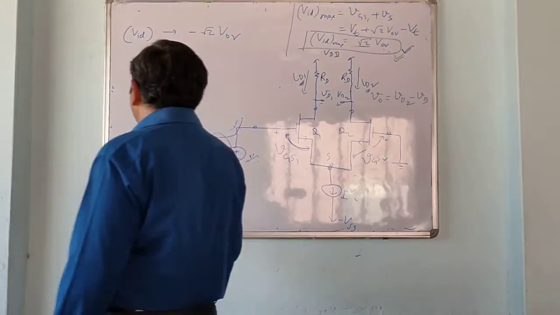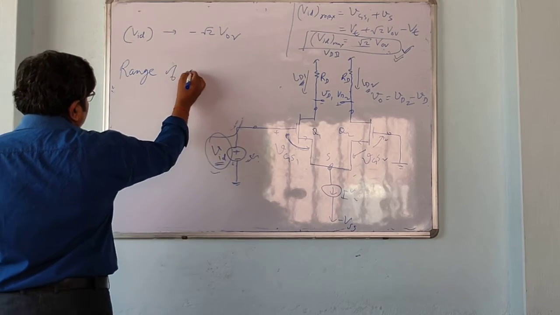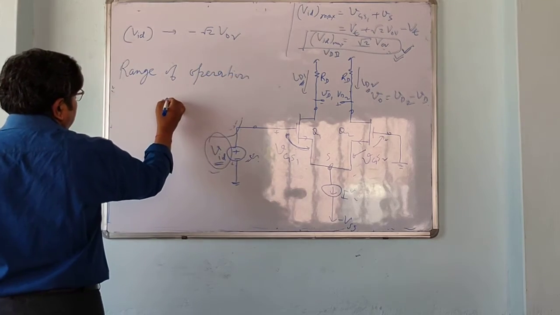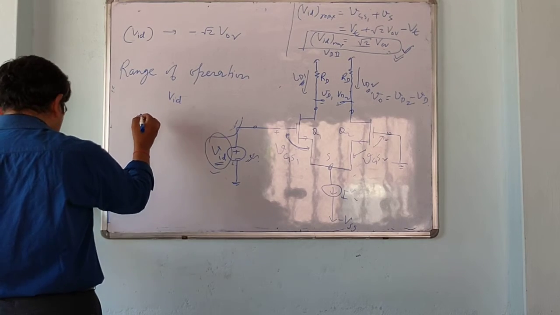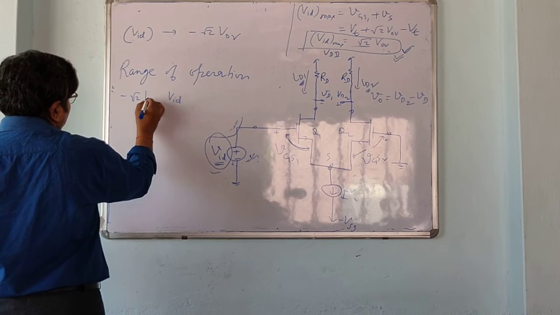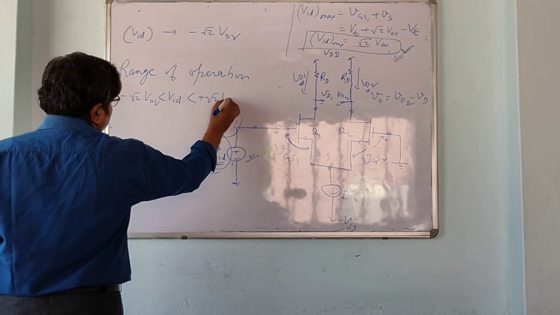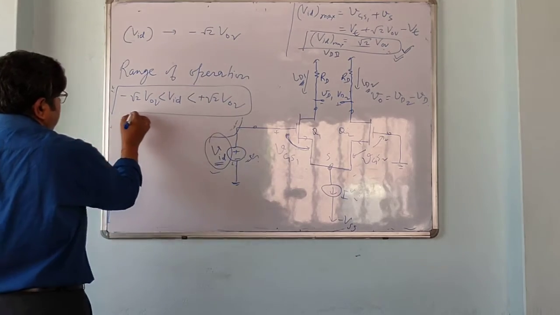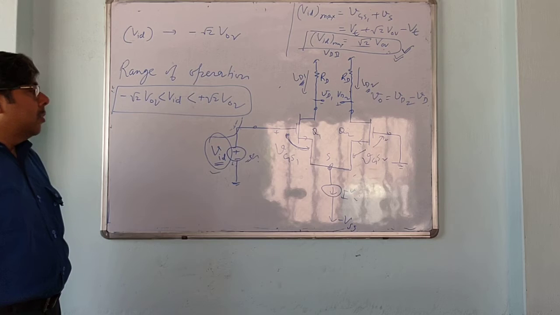So the range of operation for this is: differential input varies between minus root 2 VOV to plus root 2 VOV. So this is the range of operation for differential mode input.